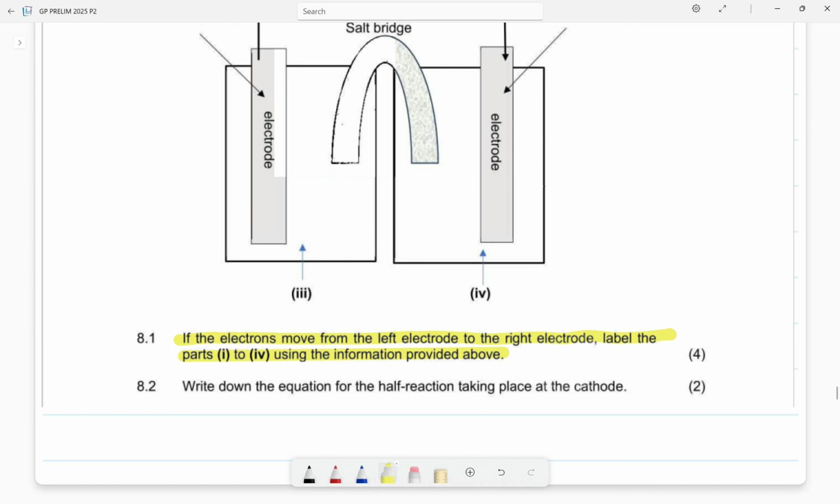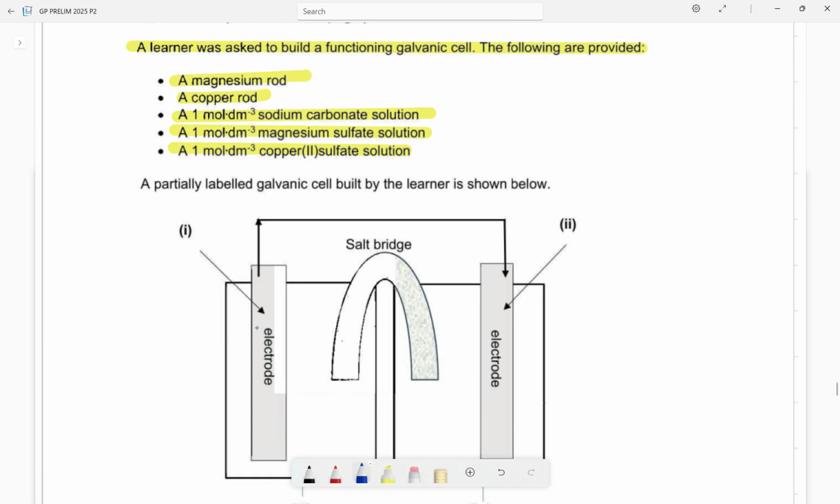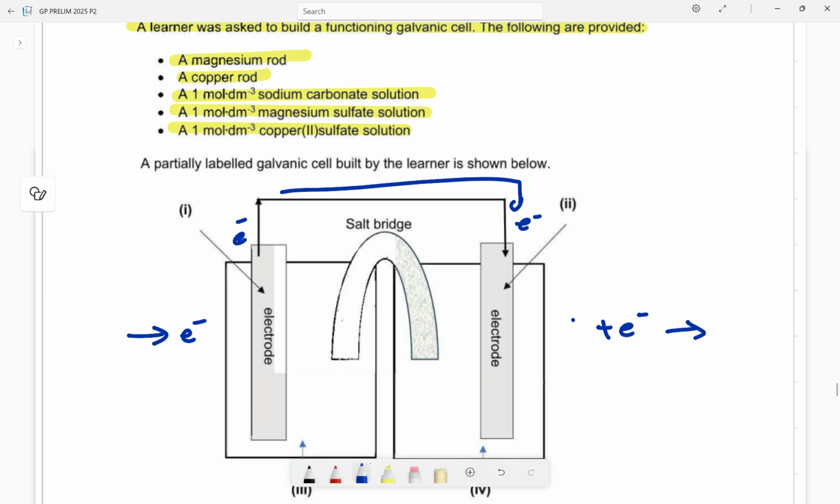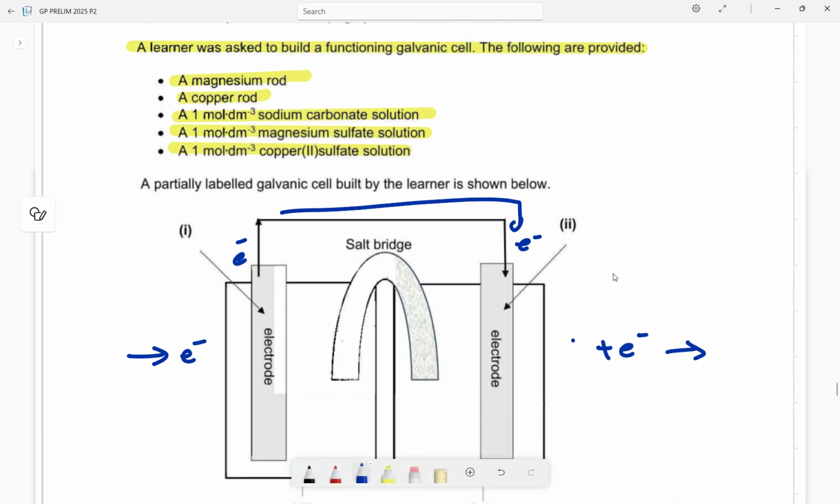So it means in whatever reaction is here, electrons will be taken away, and here, because electrons move from here to that point, this one will be something plus electrons to produce whatever. But we need to choose between the magnesium rod and the copper rod. Which one is which? And can you see we have to use copper that has 2 plus, because of copper 2 here.